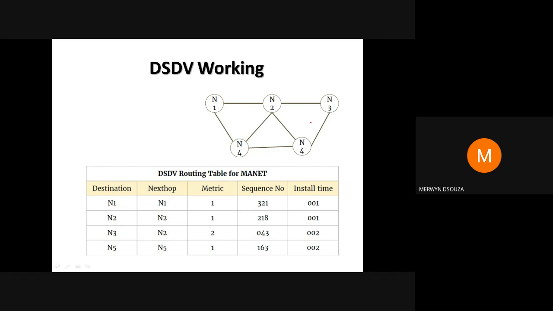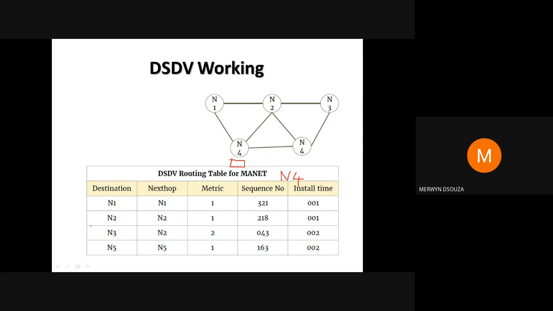Now assume that after this table has been built, this is the routing table only for N4. Whenever a packet comes at N4 and it is not meant for N4, it will use this routing table and decide where that packet has to be forwarded.